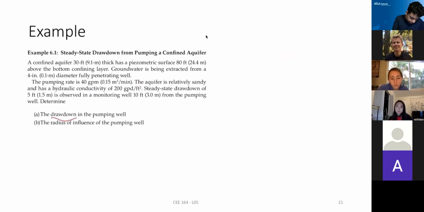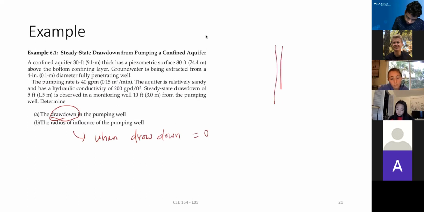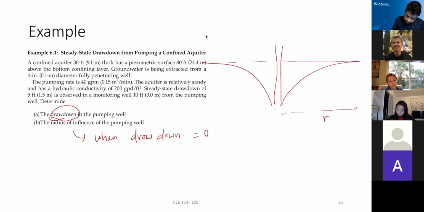Again, same type of question: drawdown, radius of influence. Radius of influence is basically when drawdown equals 0. That means if you have a pumping well here, at what location, as the distance r increases, up to whatever the r max, do you not have any more head dropping down.